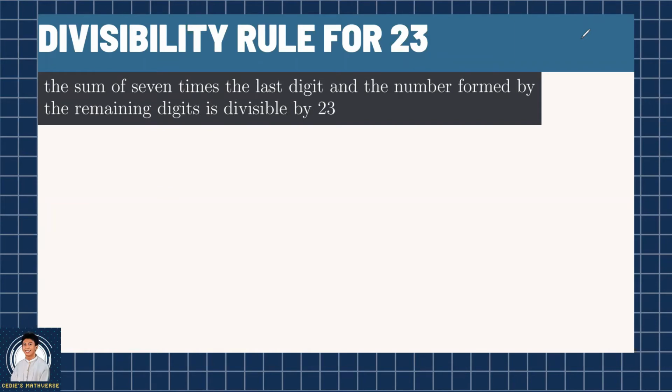Now the divisibility rule for 23. The sum of 7 times the last digit and the number formed by the remaining digits is divisible by 23. One example is 345. We omit the 5, so we get 34, and 5 times 7 equals 35.